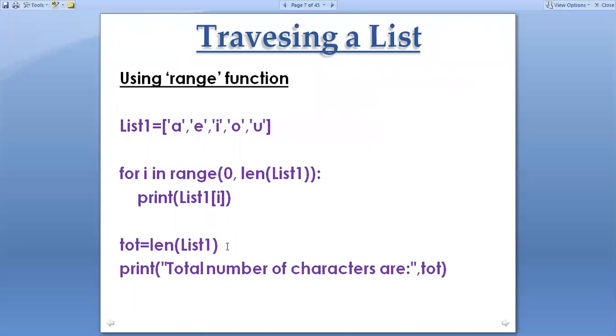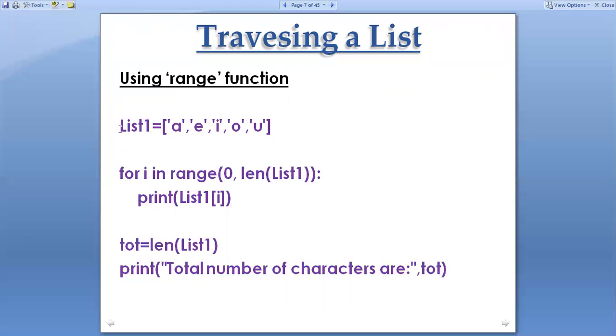So here, next, traversing a list. These values are stored in list1. For i in range. In the previous one we have not used any range function. What does the range function do? In a range function we have to specify the beginning, last and update part.